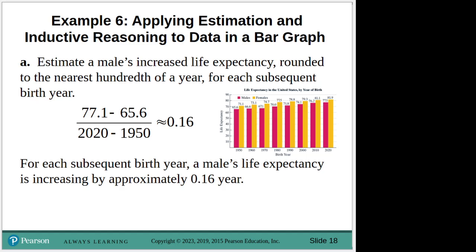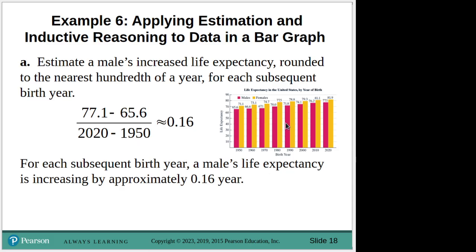There we go. So if we look at the number of years expectancy or the outcome divided by the number of years that have passed, this is approximately 0.16. This is something we can run to the calculator to do.